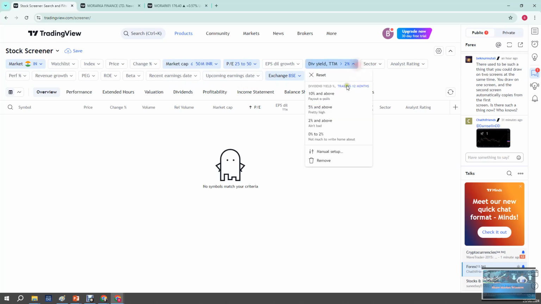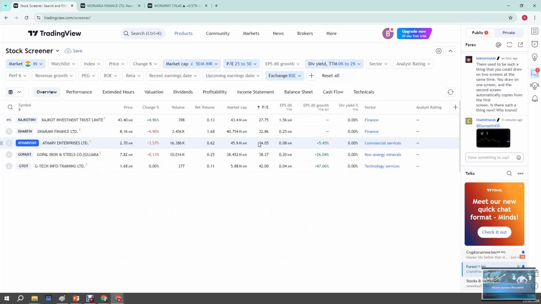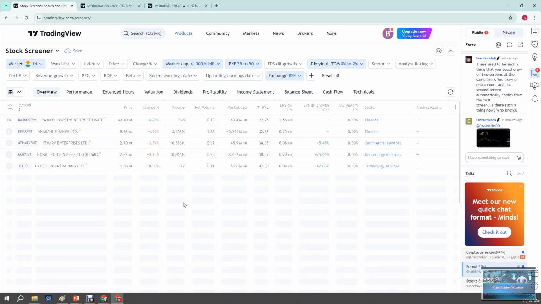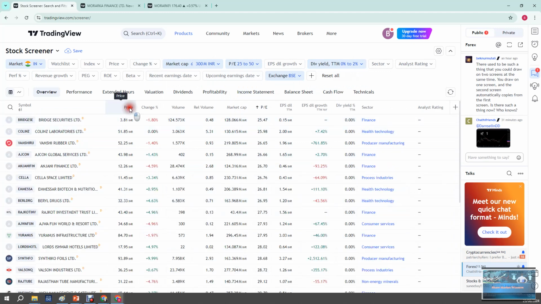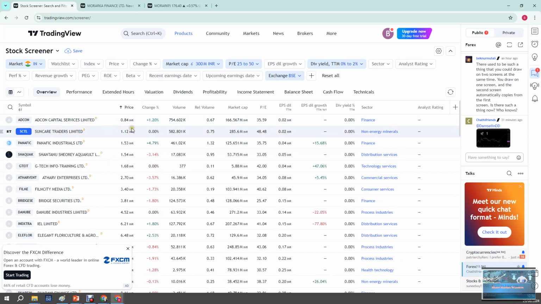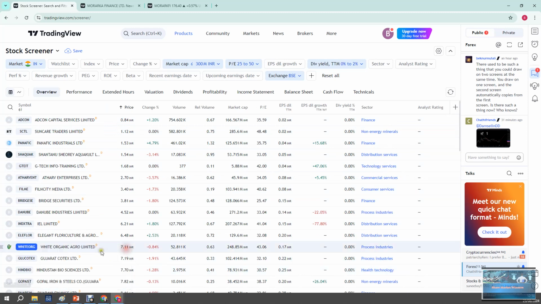Okay, so it is a market cap of less than 50 million. So there are only a few stocks, at a very negligible amount, and then you can increase or filter based on pricing as well. If you wanted to see some of the stocks which are 1 rupee, 2 rupees, those are penny stocks which may or may not perform.